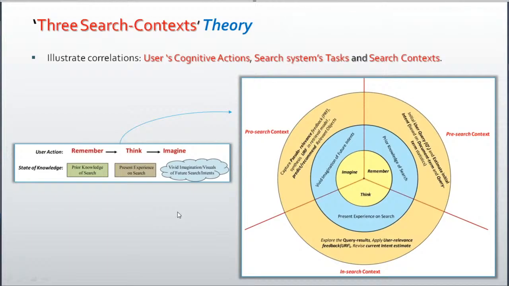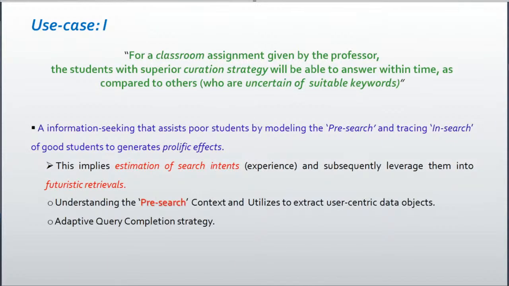The next part is to emphasize these three different search contexts. I am sharing three use cases, or case studies. The first case study shows why pre-search context modeling is important.